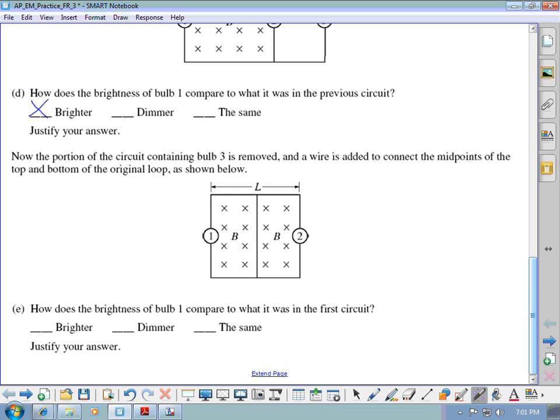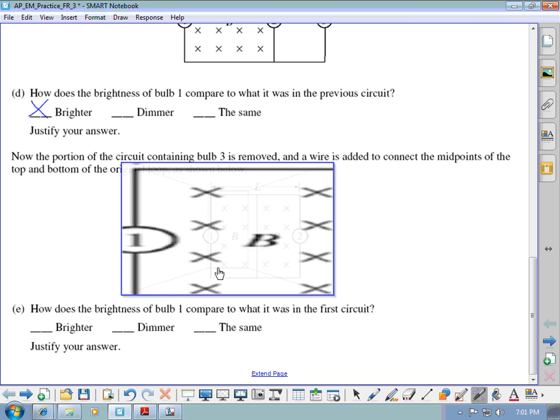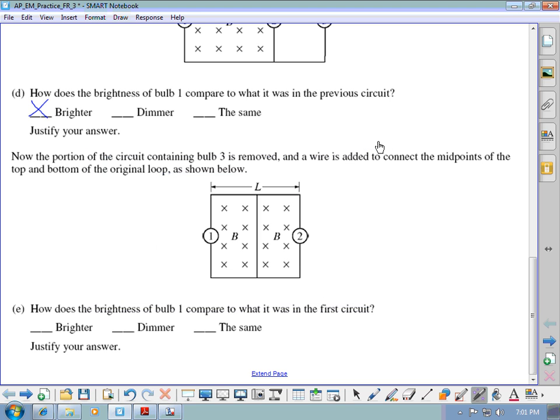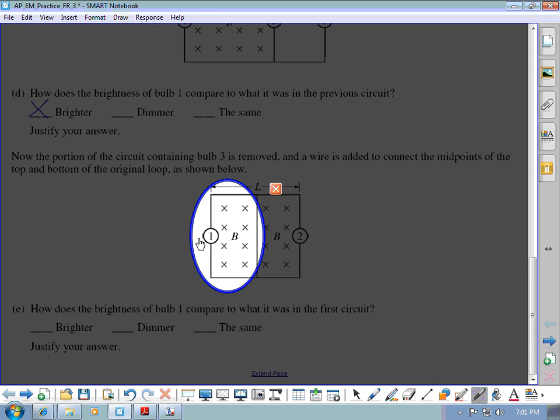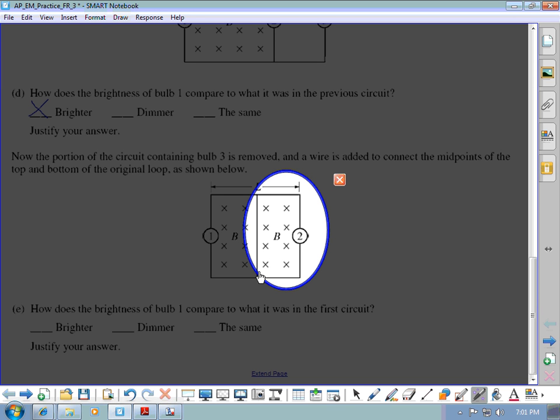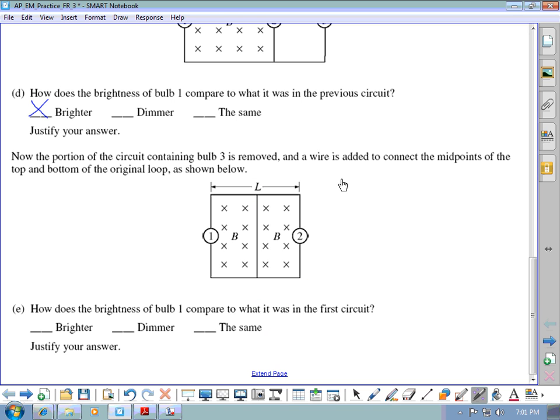I have this loop on this side, and you have this loop on the other side. But they each have half the area that they had before. So it's like they each have a battery that was half as big.